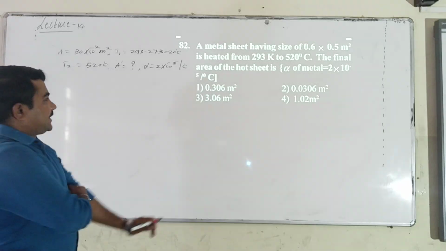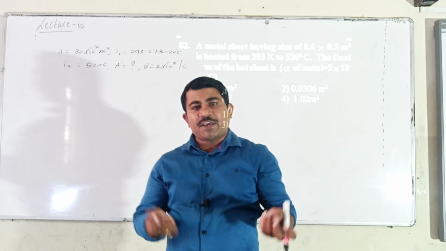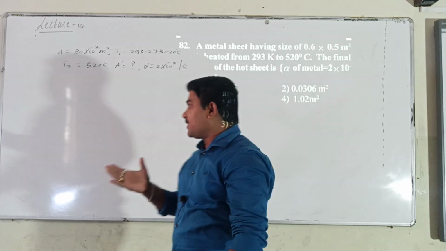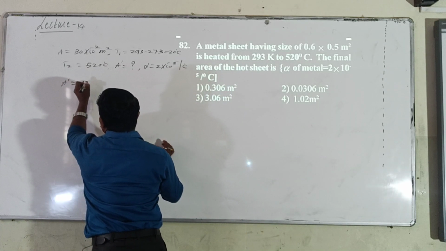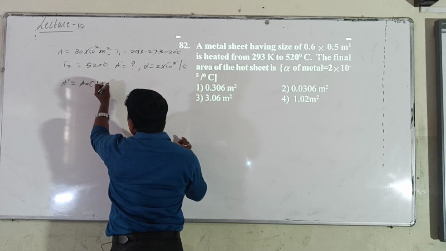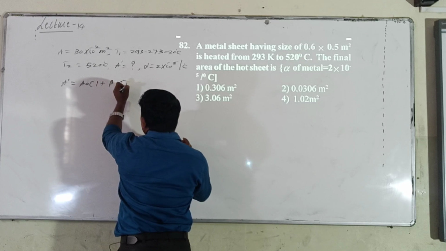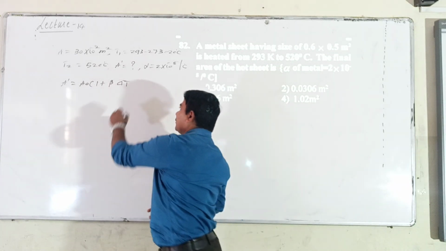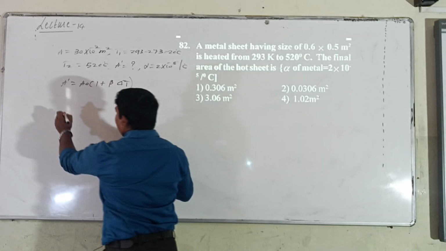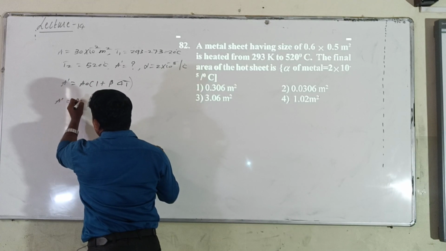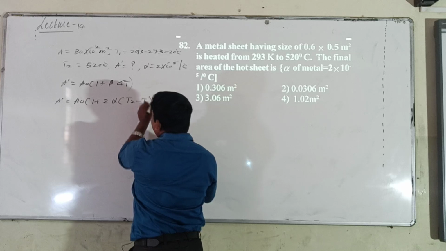Very easily I can calculate. We know that in areal expansion, the final area can be given as A dash equals A naught into bracket 1 plus beta into delta T. Again you can modify this: A dash equals A naught into 1 plus 2 alpha delta T, where delta T is final temperature minus initial temperature.